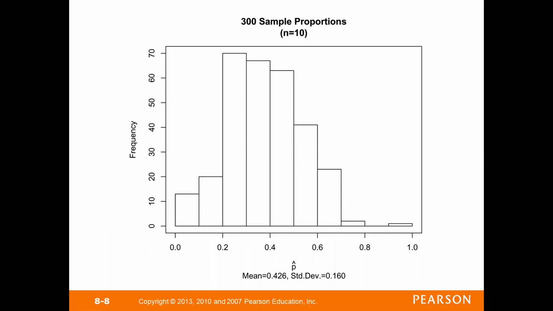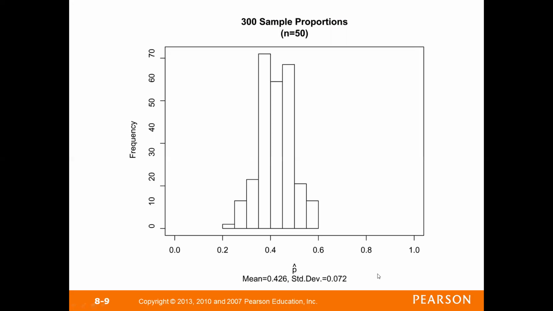With samples of size 10, we see something where it's grouped around the middle of it, around 40%. It gives me a mean of 0.426 and a standard deviation of 0.16. If I use samples of size 50, I get a mean of 0.426. My standard deviation has gone down now, though, because I'm using more people in each sample.